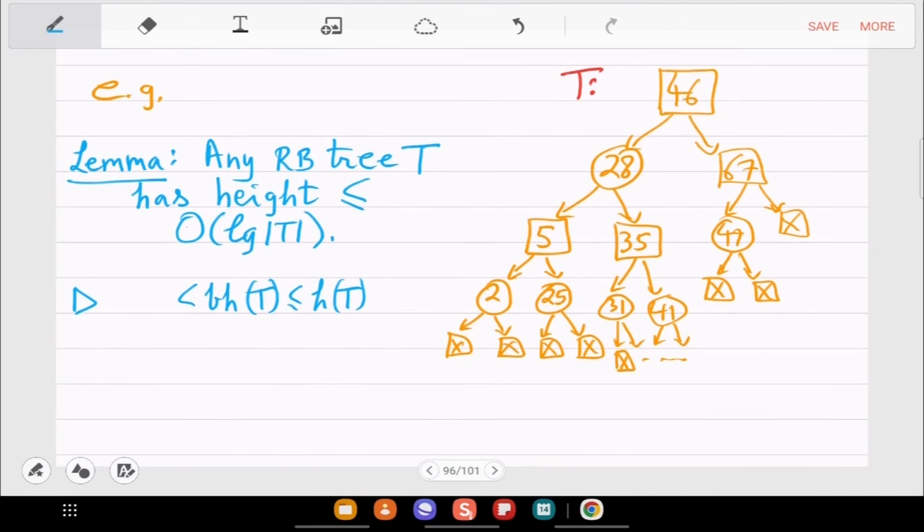And what can you say about the lower bound? For the lower bound, you think of black nodes. There can be a sequence of successive black nodes, but can there be 2 successive red nodes? That the axiom violates, right? So for every red, there has to be a black in the neighborhood, which means that black height will be at least height by 2. Is that clear?